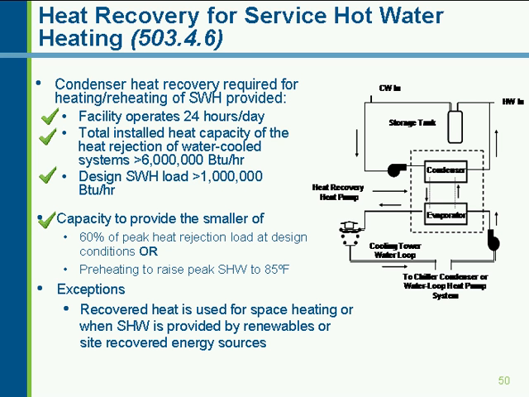The exceptions for that is when the recovered heat is used for space heating, then you wouldn't have any available for service hot water heating, that's allowed, or when the service hot water heating is provided by renewable energy or site recovered energy sources, you also don't need to do the condenser heat recovery.